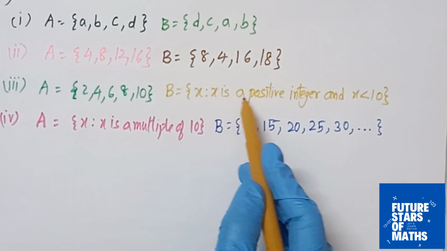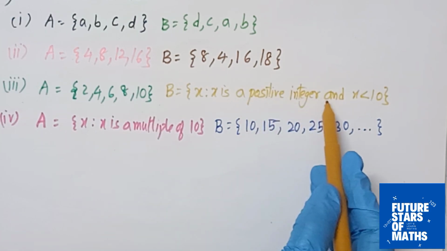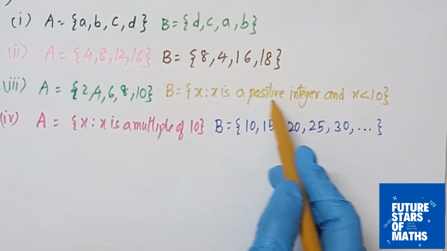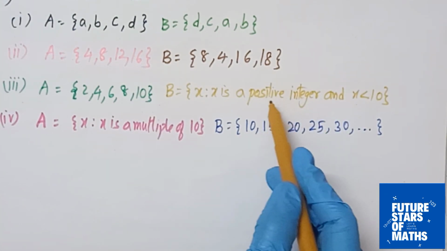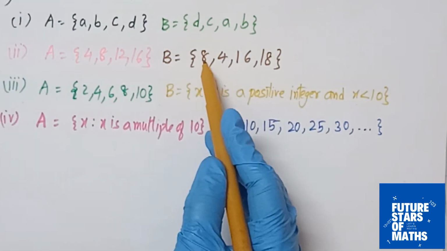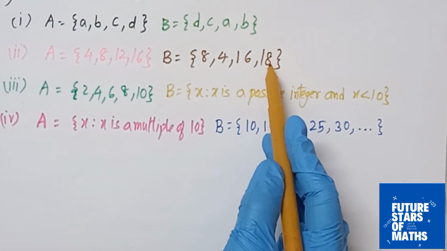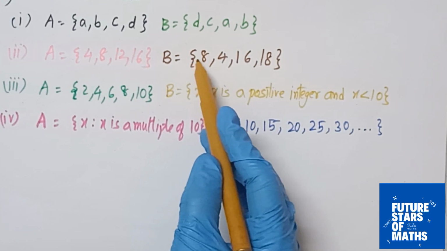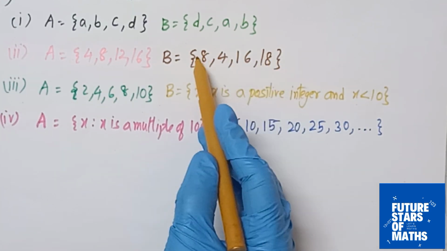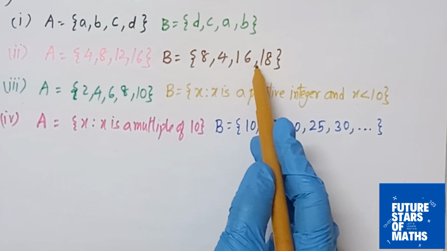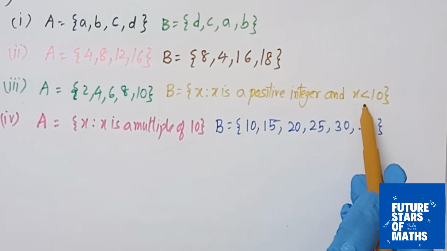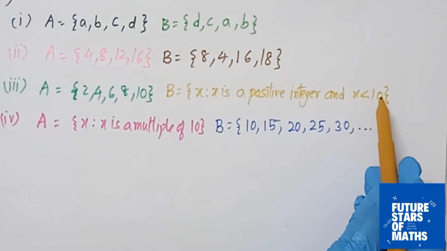What is the question? B equals x such that x is a positive integer and x less than 10. What does it mean? Positive means the numbers which have a plus in front of them. Here all these elements are positive. As you can see, here we don't have a negative sign. That means these are all positive. No need of writing plus every time for these numbers. So in positive integers, what do we have to write? x less than 10.